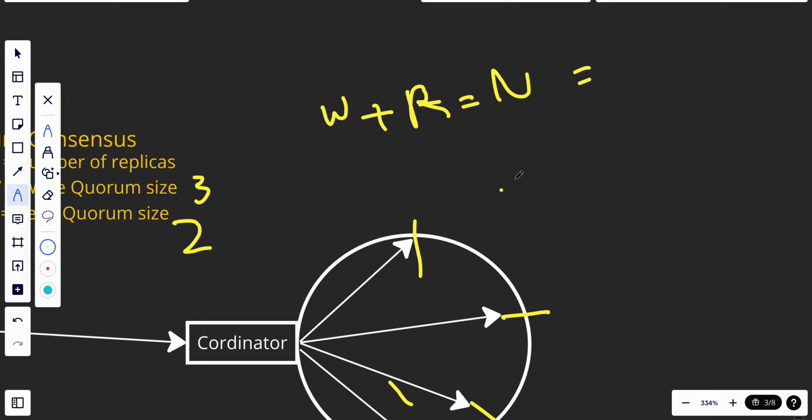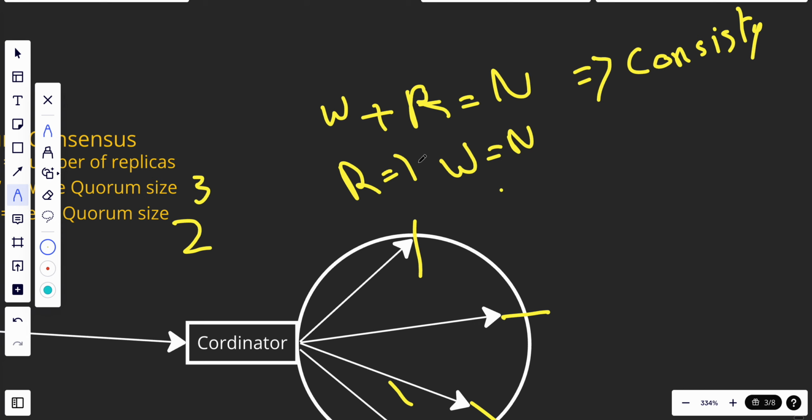So if W plus R is bigger than N, we have strong consistency. If R equals 1 and W equals N, we're optimizing everything for fast reads.